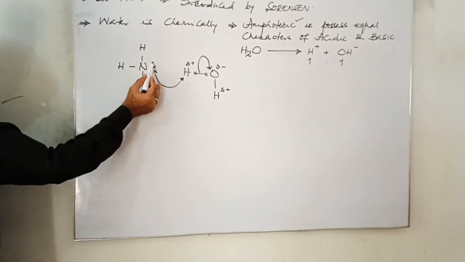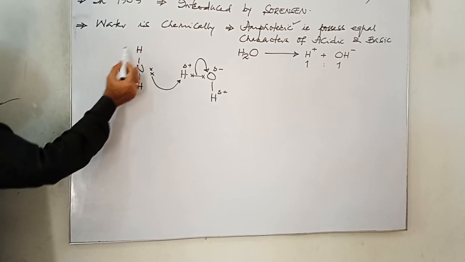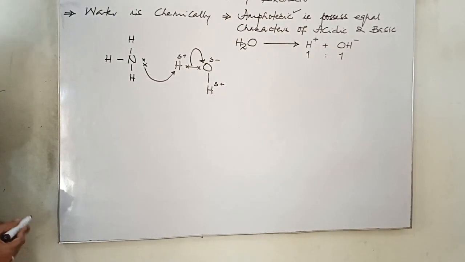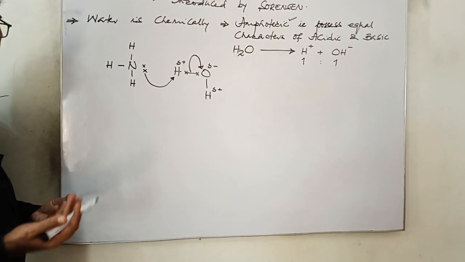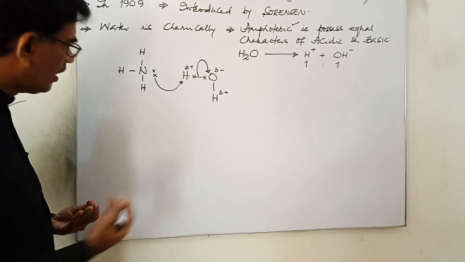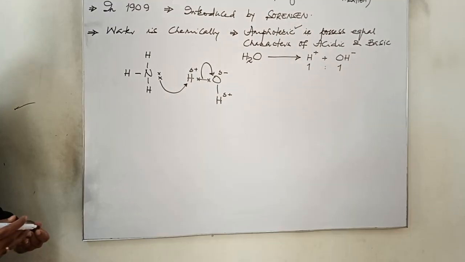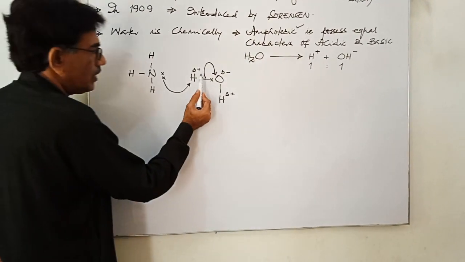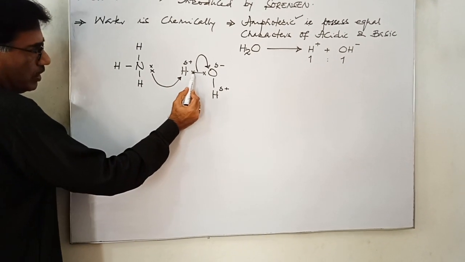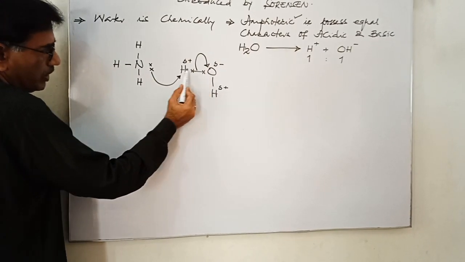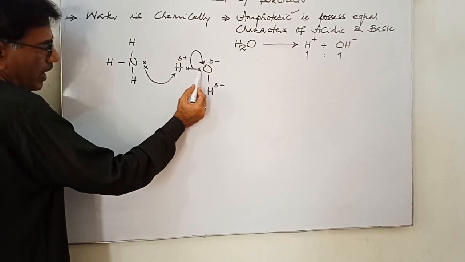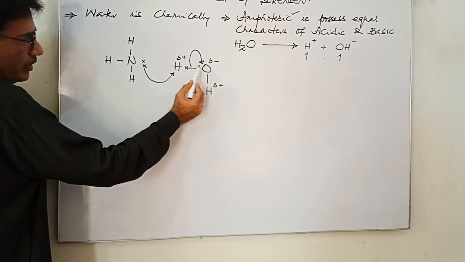So right now, when this lone pair of nitrogen of ammonia is interacting with the proton part of the water, then each time whenever we have any attraction during any chemical or even physical activity, we have release of energy, and that energy can help to shift this electron which is present between oxygen and hydrogen, that is a bond pair, in which the electron is shared mutually by the two atoms.